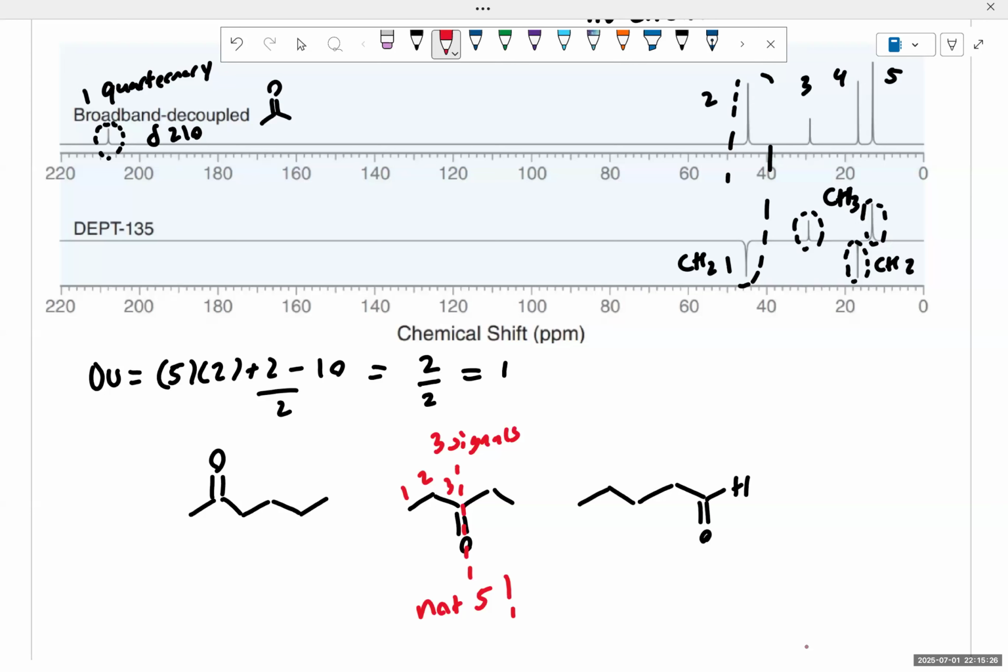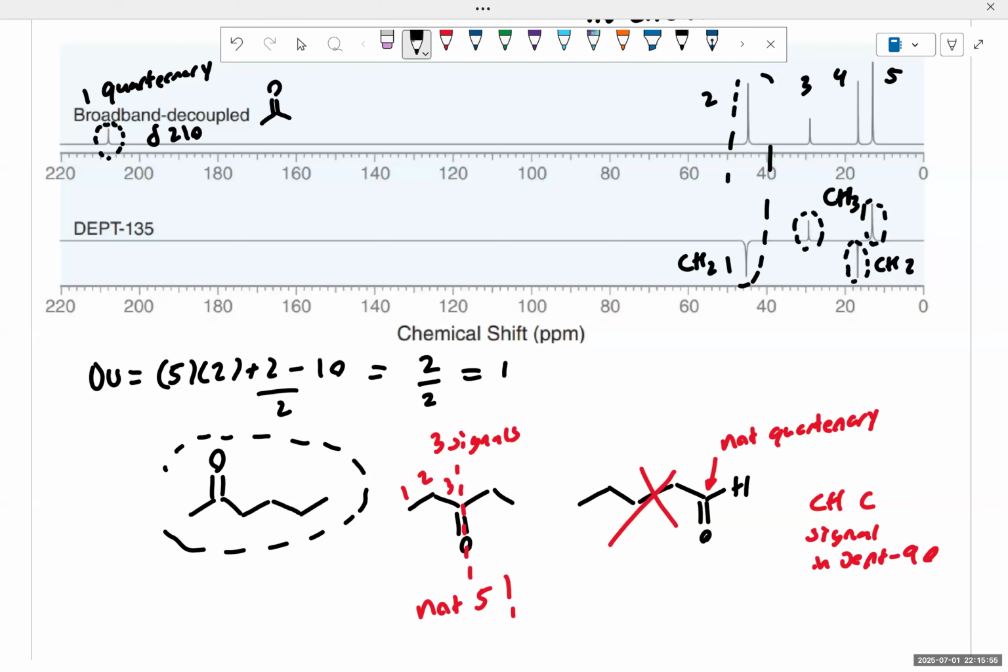Looking at this next compound with the aldehyde, the problem with the aldehyde is that this carbon is not quaternary, and as a result, we would see a CH carbon signal in the DEPT 90 spectra. So we can rule this one out as well. Thus, the only remaining option would be the following compound.